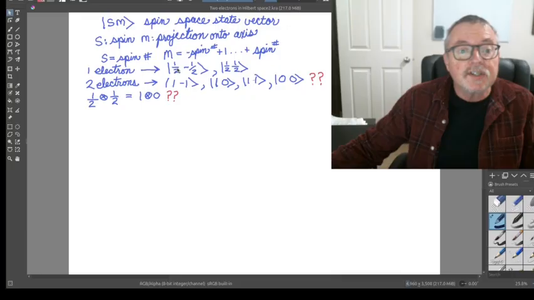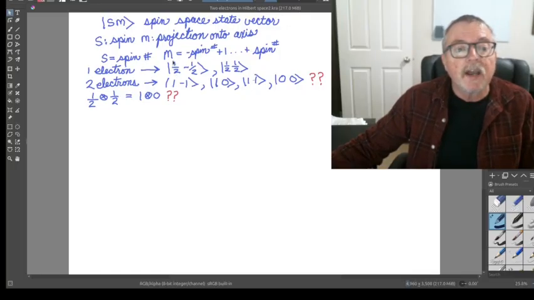And what is the M value that we're going to use? Well, we've got 2 choices. If we start here at the negative spin number, keep adding 1 till you get to the positive spin number. Okay, here's the spin, 1/2.